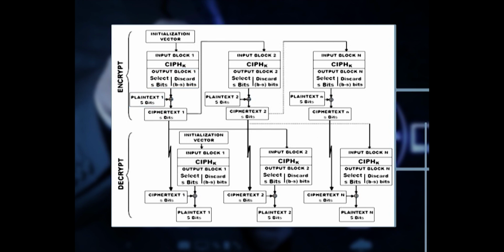The remaining B minus S bits of the first output block are discarded. The B minus S least significant bits of the initialization vector are then concatenated with the S bits of the first ciphertext segment to form the second input block.